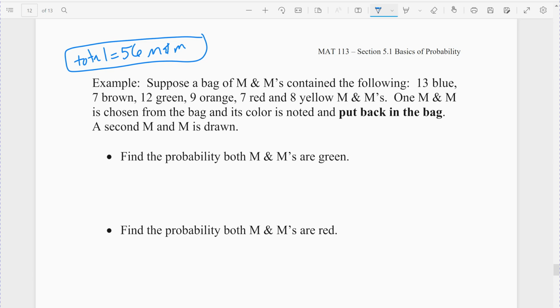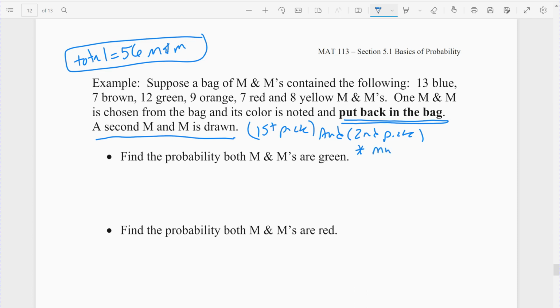I pick one M&M from the bag, look at its color, and then put it back in the bag. And then select a second M&M. So there's the first pick and its probability, and the second pick and its probability. So you've got your first pick and your second pick. When you do this, you're going to find both of those probabilities and multiply.